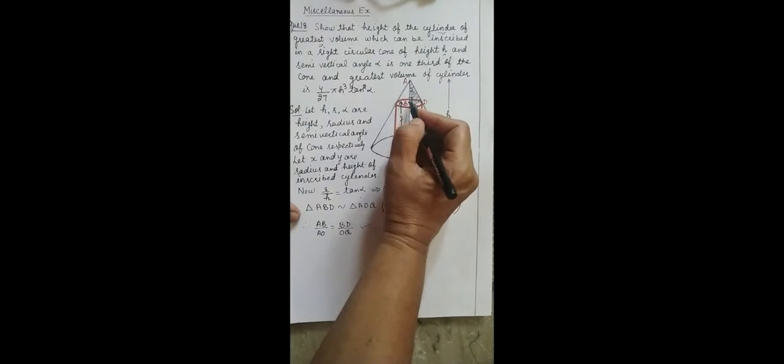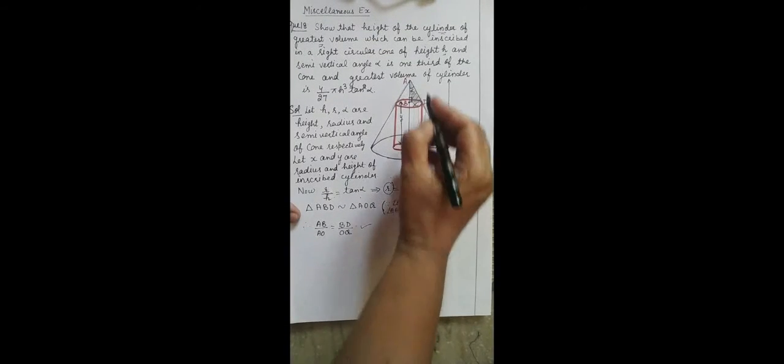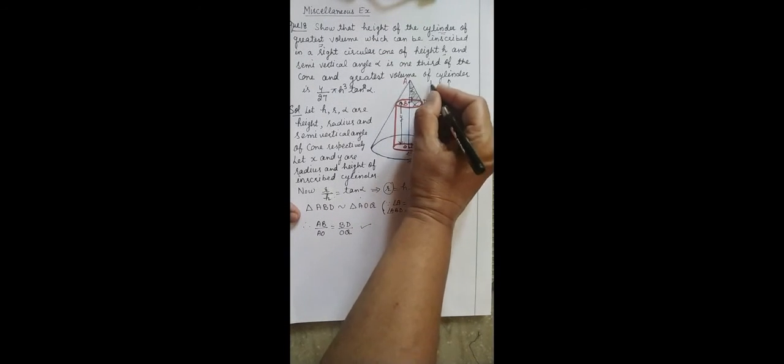Now what is the value of AB? This is H and this part is Y. I have to find this part, AB. So it will be H minus Y. Now what is my AO? AO is equal to H. Now what is BD? BD is equal to X. And what is OQ? It is equal to R. So I got the result that H minus Y upon H is equal to X upon R.